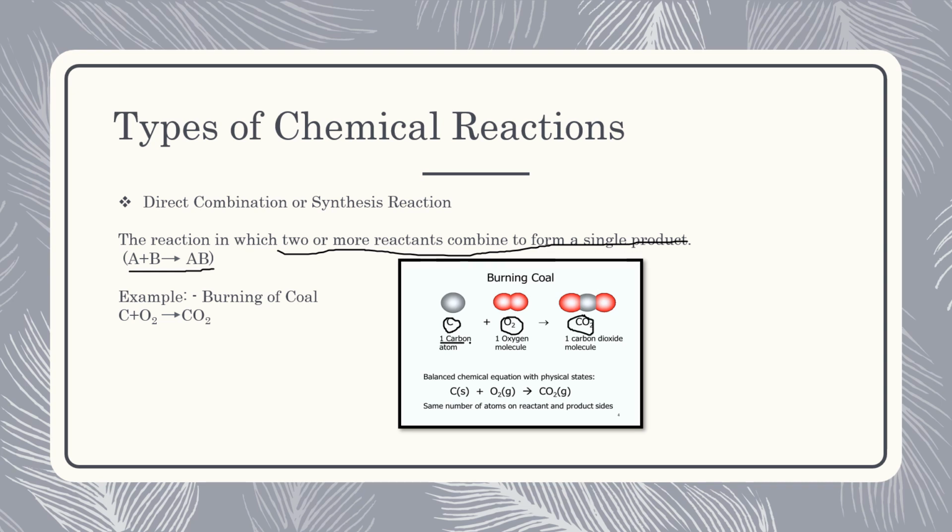So here we have one carbon atom, one oxygen molecule, and the compound we get is one carbon dioxide molecule. As we can see here, the balanced chemical equation has physical states. As I said, S is solid, G is gaseous, and even on the product side, it is G, gaseous.